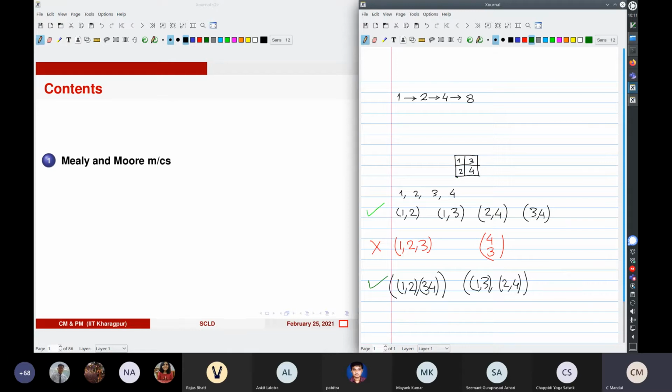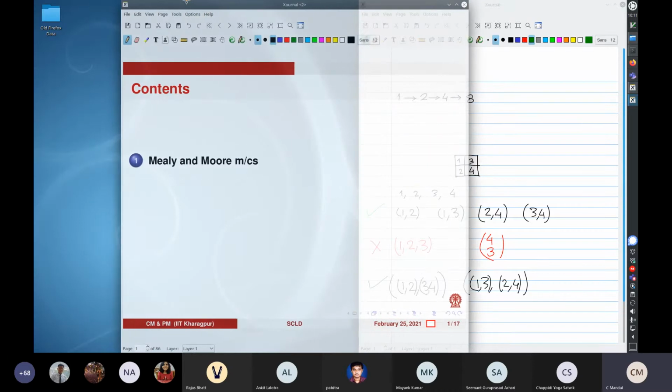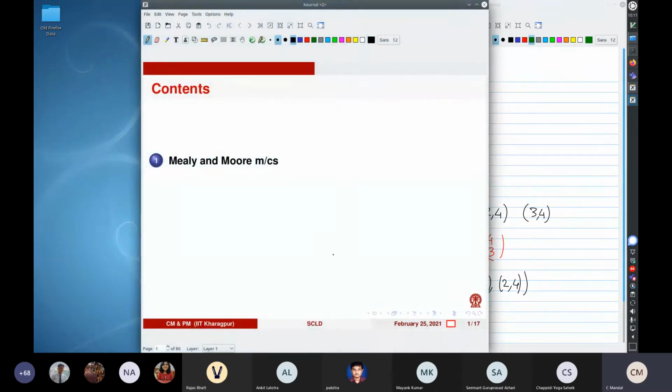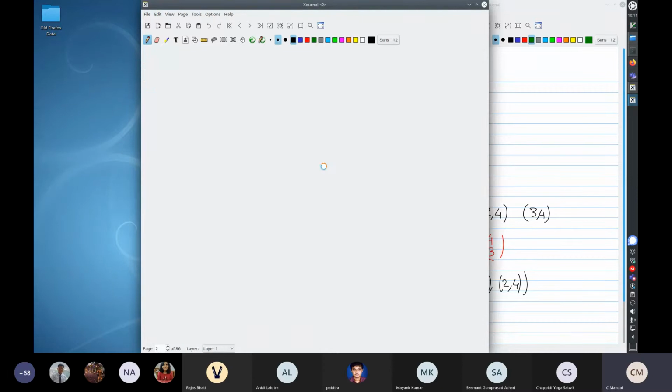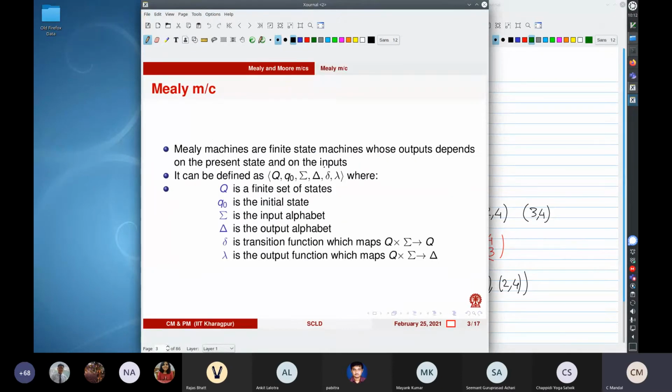sequential machines. So we are looking at Mealy and Moore machines. We have discussed this initially also.